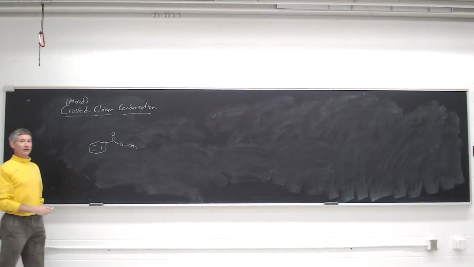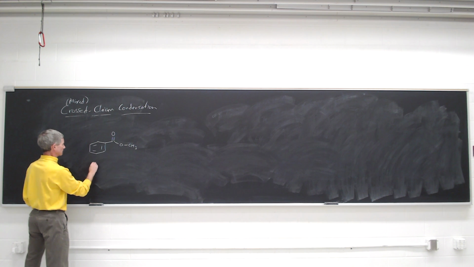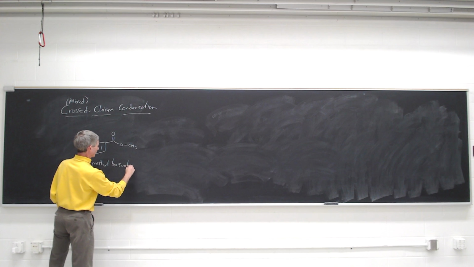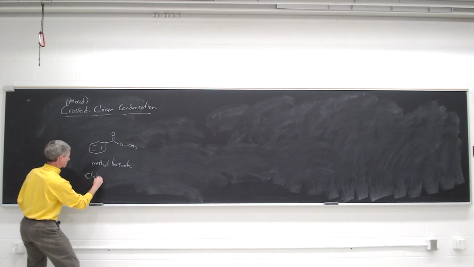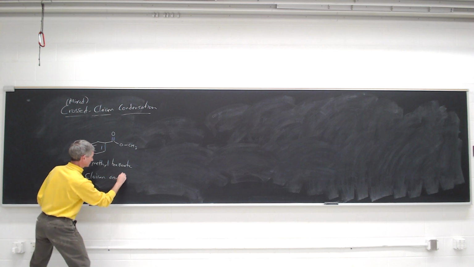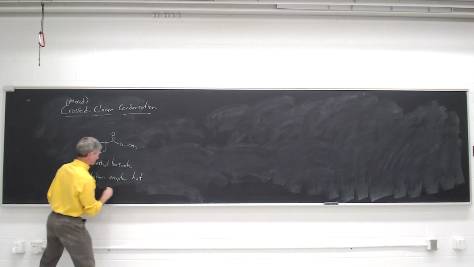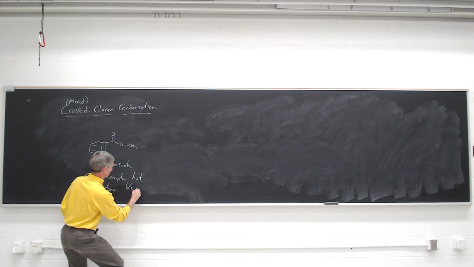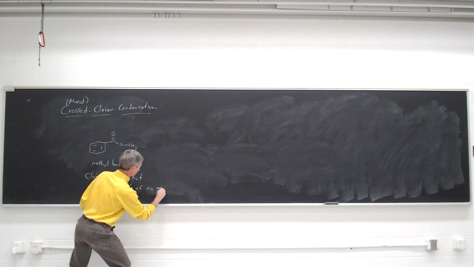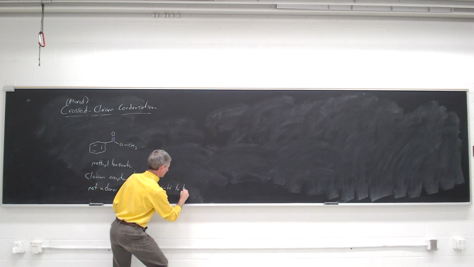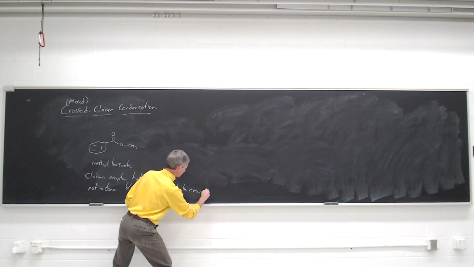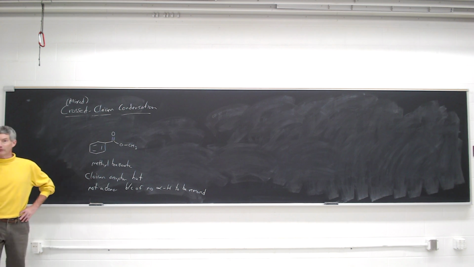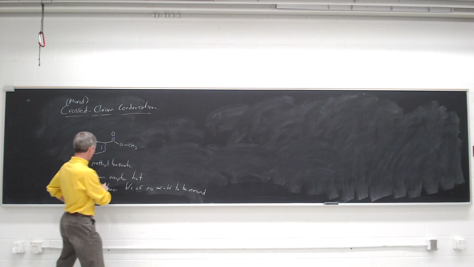So if we started with methyl benzoate, it can be a Claisen acceptor, but not a donor, because of no alpha hydrogen being removed. So it's not possible to make an ester enolate of an ester that has no alpha hydrogens. Methyl benzoate can be the Claisen acceptor.